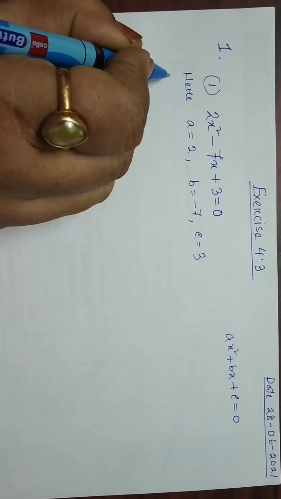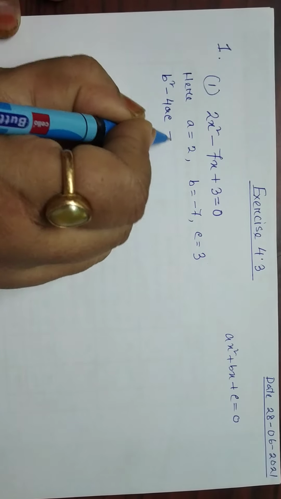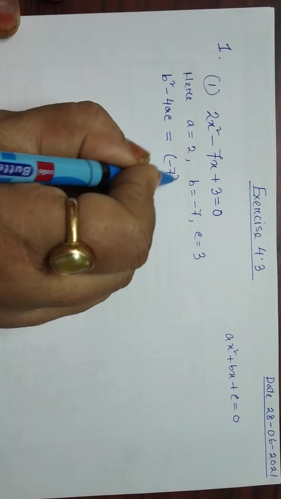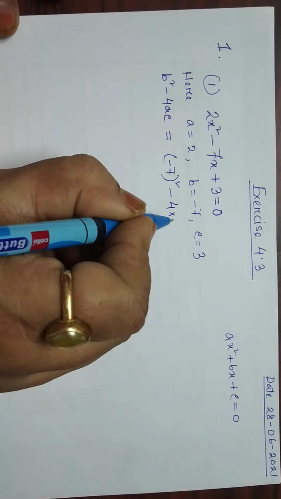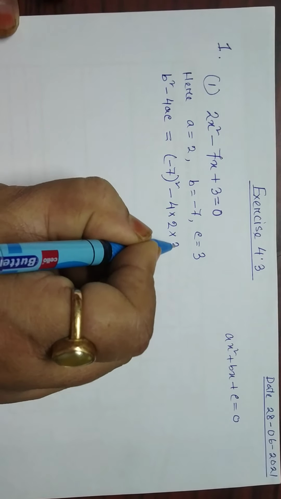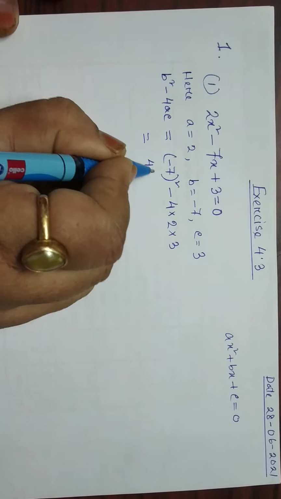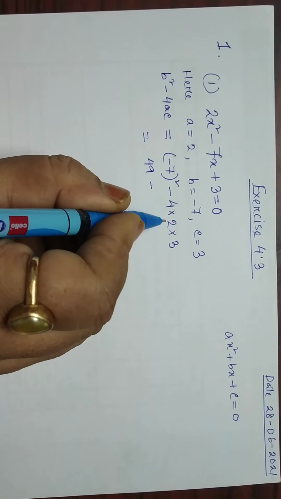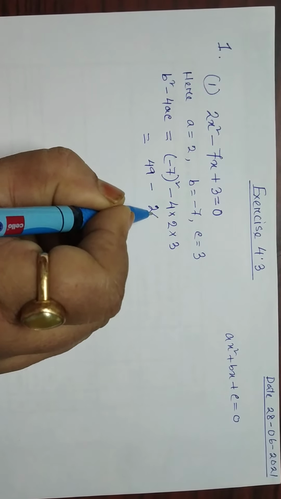Now we have to find the value of b square minus 4ac. b means minus 7 square, minus 4 into a means 2, into c means 3. Minus 7 square means 49, minus 4 times 2 is 8, 8 times 3 is 24.